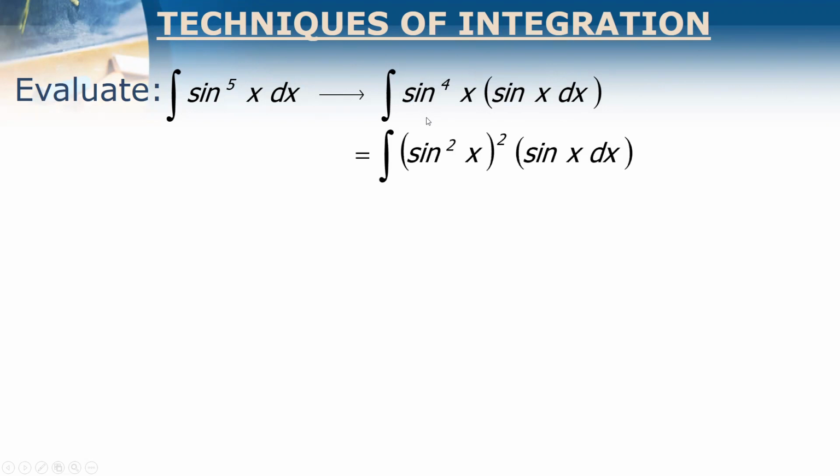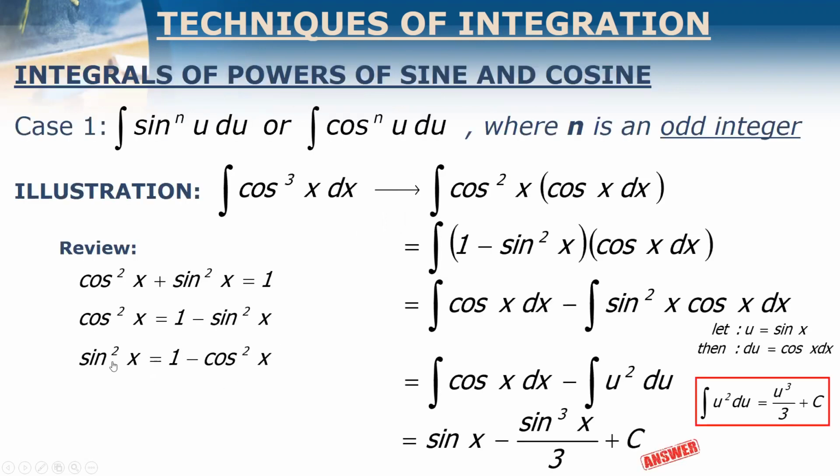Then simplify. Sine x raised to the fourth power is equal to sine squared x quantity squared. And from trigonometric identities, sine squared x is 1 minus cosine squared x.